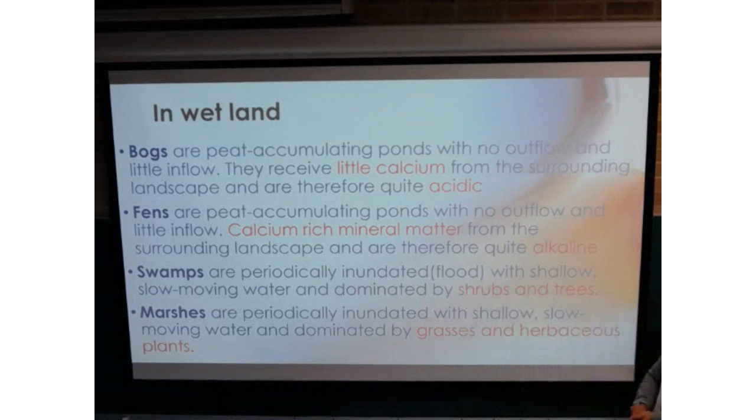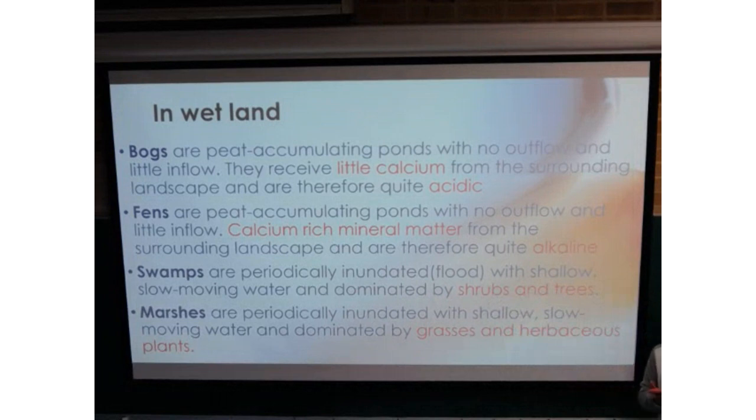We are able to see many shrubs and trees, like the water tupelo, or what is the Louisiana state tree? Bald cypress. We are able to find the water tupelo and bald cypress in the swamp, and not the marsh. Marsh has grass types or herbaceous types of plants.